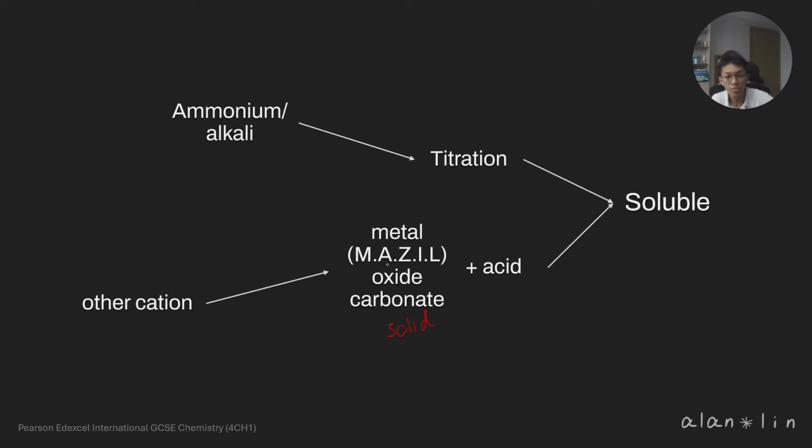The solid could be the metal itself, and these metals could be your MAZIL metals. MAZIL basically stands for magnesium, aluminium, zinc, iron, and lead. These are the metals whose elemental forms, whose solids, can directly react with an acid. Or if it's not a MAZIL metal, you can react the oxide of the metal or the carbonate of the metal with an acid to get the soluble salt.